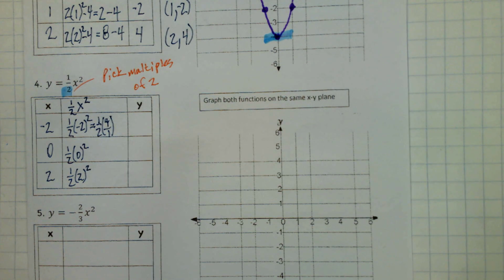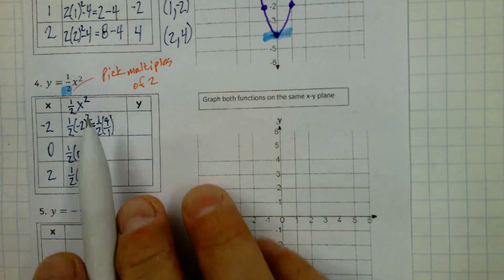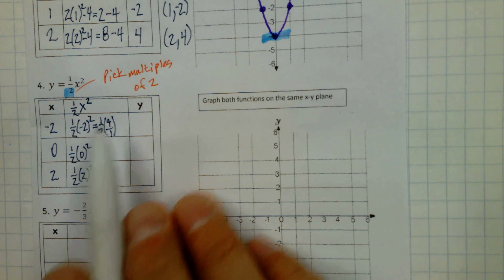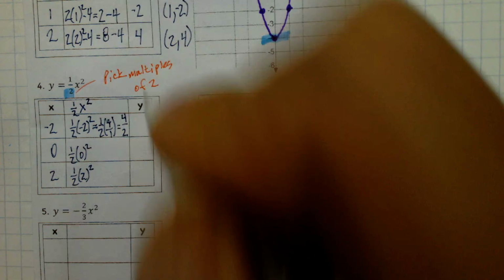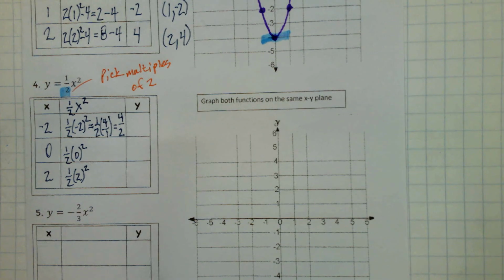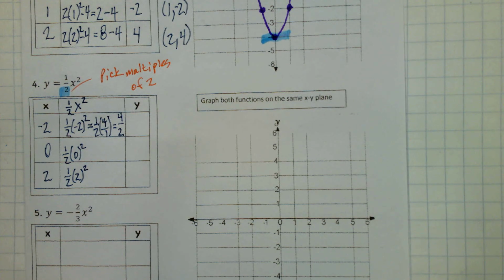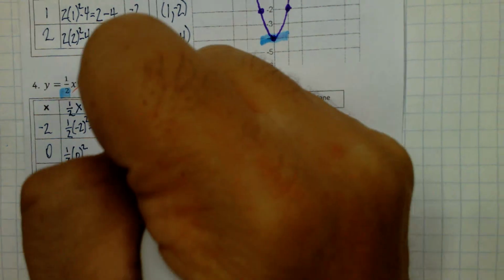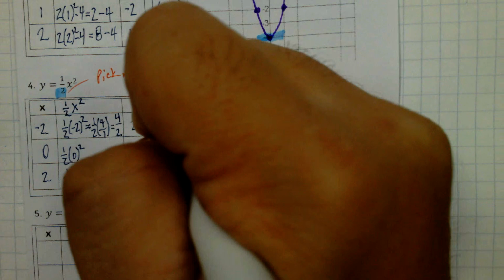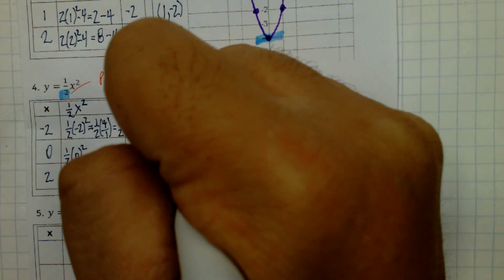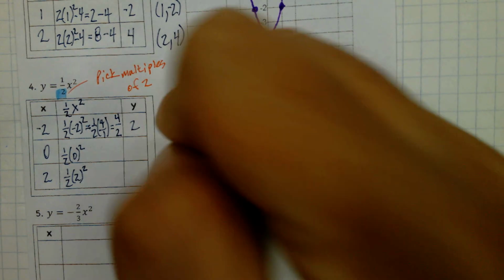Numerators with numerators, denominators with denominators. So multiply 1 times 4. You get 4. Multiply 2 times 1. You get 2. I get 4 halves. 4 over 2. Simplify that. How many 2's go into 4? The answer is 2. So the answer here is -2, 2.